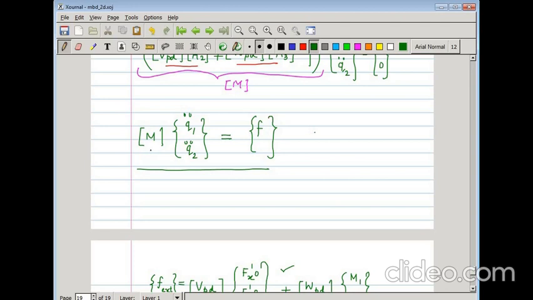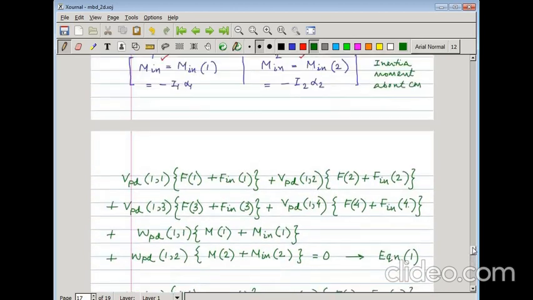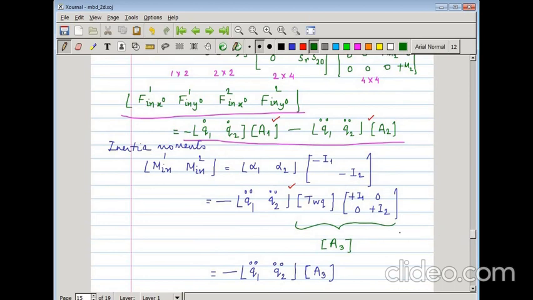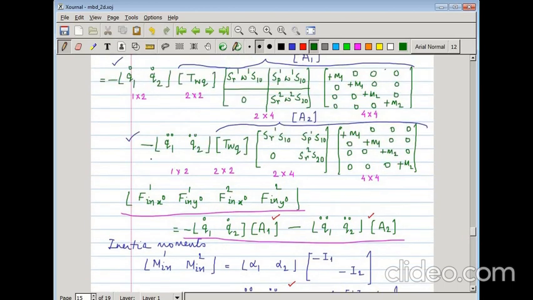So in M there will be time dependent terms, q dependent terms, and q dot dependent terms, and in F also there may be t dependent terms, q dependent terms, and q dot dependent terms, but q1 double dot terms are all here, because if you see the acceleration expression, all double dot terms are here and here.